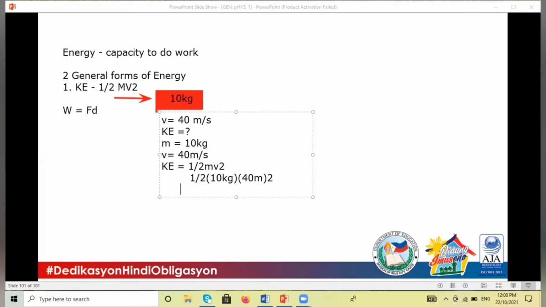So that is equal to 1/2 times 10 times 40 times 40, 1,600 meters squared.